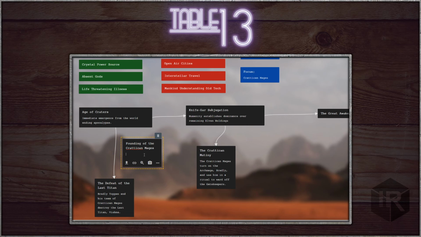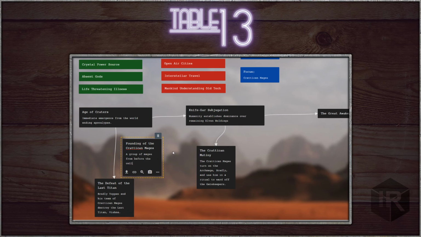So, Chiron, tell us about the founding of the Kratikin. Yeah, I'm going to do a description here. I'm thinking that they found some technology that they incorporate into using magic. They're able to manipulate it.